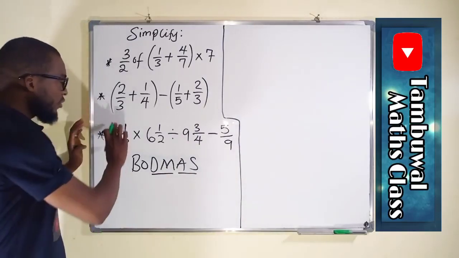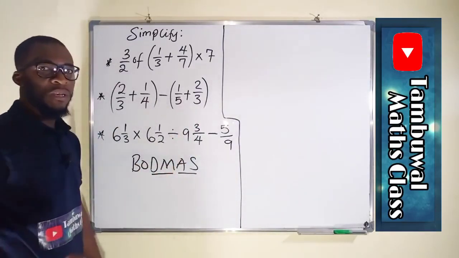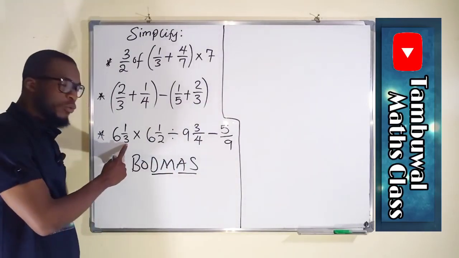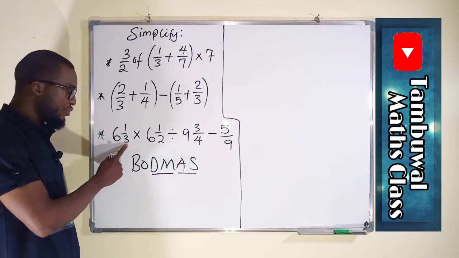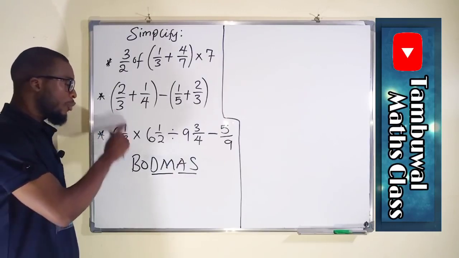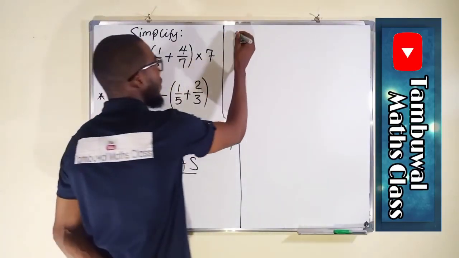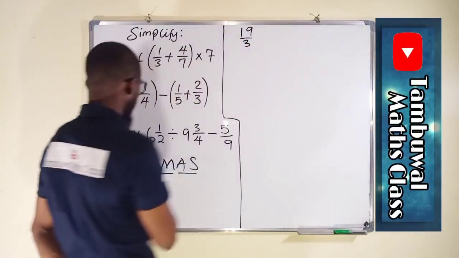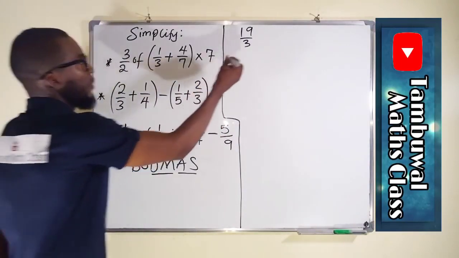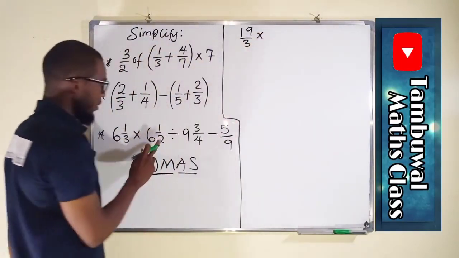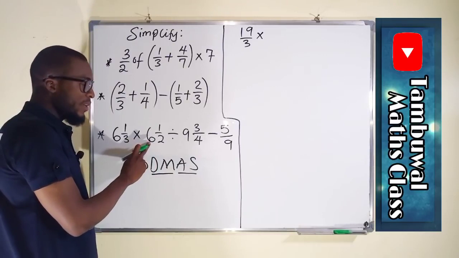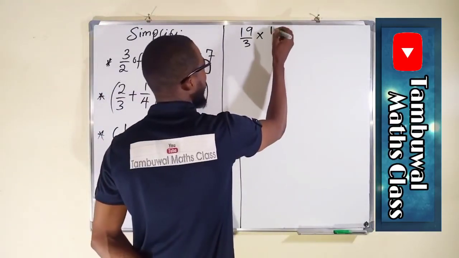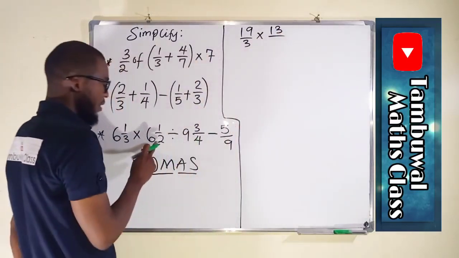But for convenience, let us transform these mixed numbers into improper fractions. You take this denominator and multiply it by a whole number. 3 times 6 is 18, plus 1 is 19. So we have 19 out of 3. Our multiplication sign, 2 times 6 is 12, then 12 plus 1 is 13 out of 2.